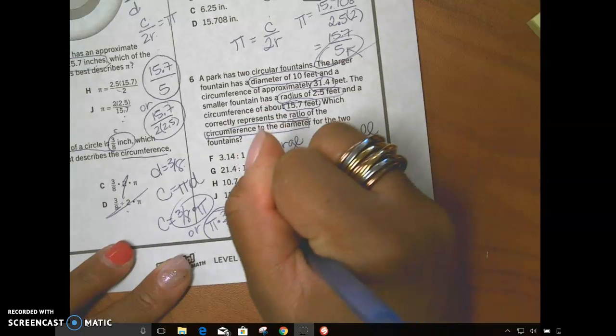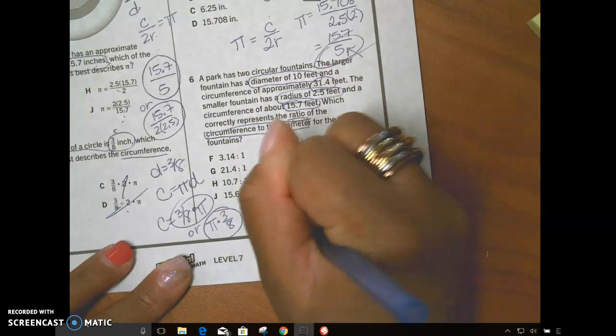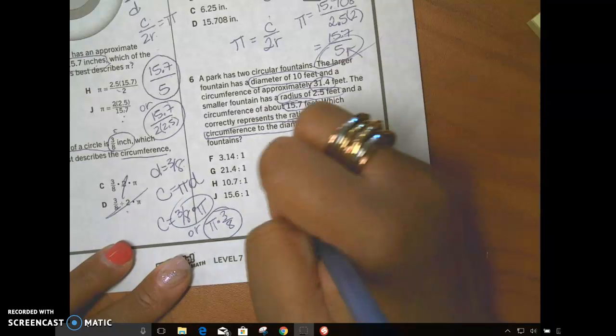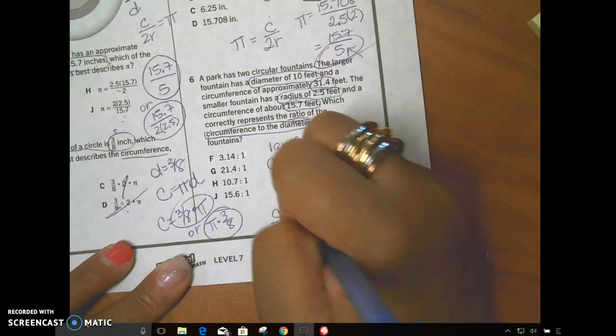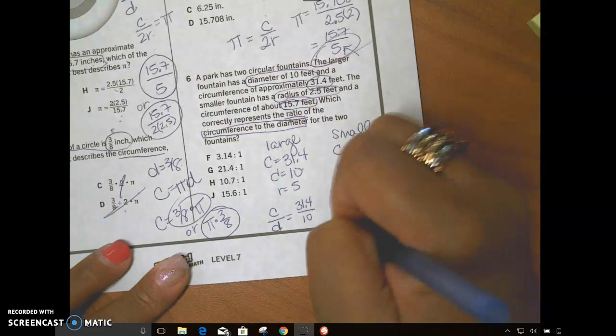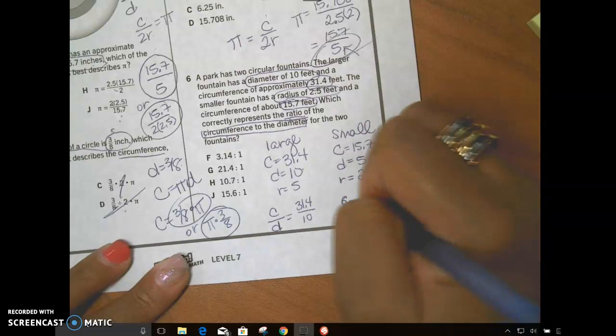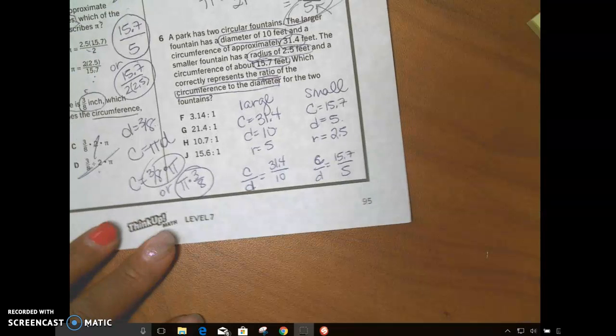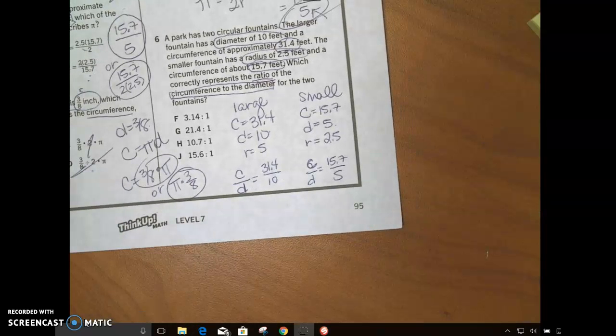C over D. What's C over D here? Over 10. What's C over D here? When I simplify these two, what will I get? Another trick question.